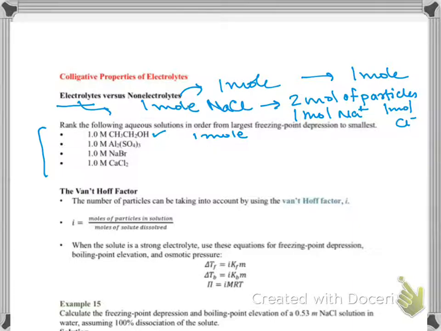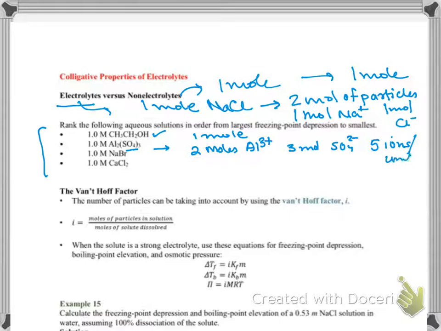When you are adding 1 molar aluminum sulfate, it means 1 mole of aluminum sulfate in 1 liter of the solution, then 1 mole breaks down into 2 moles of aluminum ions and 3 moles of sulfate ions, which means basically you have 5 total ions per unit of aluminum sulfate.